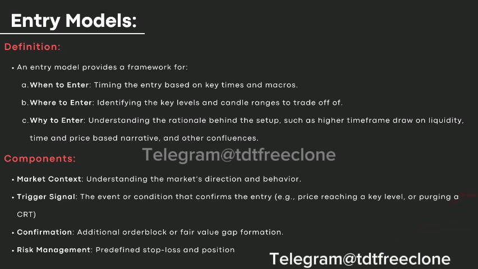The next main component of an entry model is the confirmation. After the trigger, you need confirmation before entering the trade because confirmation reduces false entries and improves your accuracy and precision. You can also enter that trade without a confirmation in the form of a turtle soup entry, but that is more suitable for advanced traders.